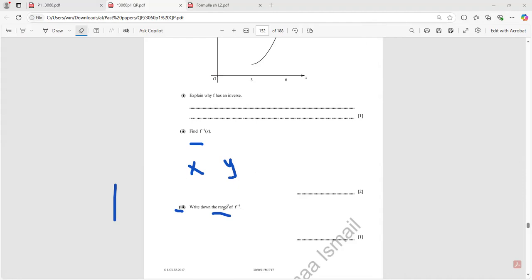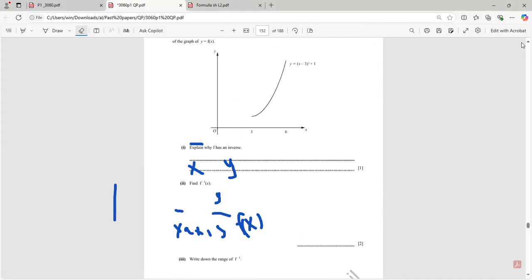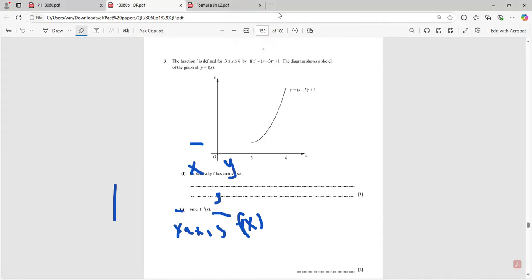So to get the range, it's the same as the x-axis, but in f(x), not in the inverse. So let's see where f(x), the x he gave you, is between 3 and 6, and so the range, y, will be between 3 and 6 in the inverse function.